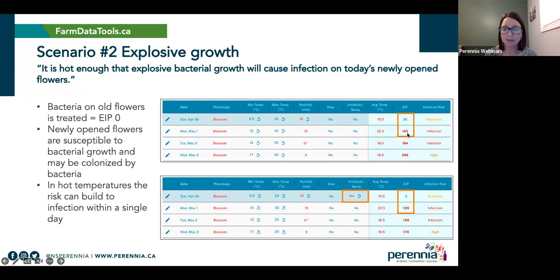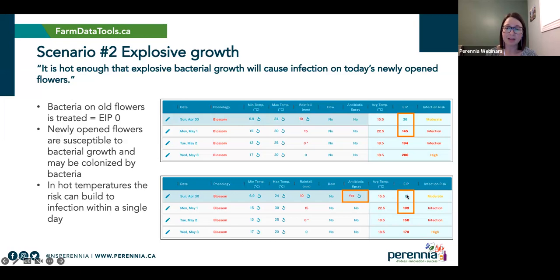And then what you can do is, like, that 36 is representing the older flowers, and the 145 is still representing the older flowers. But if you enter an antibiotic spray, all of those older flowers that got treated with the antibiotic spray are set to 0.